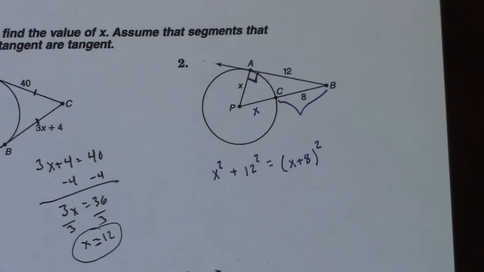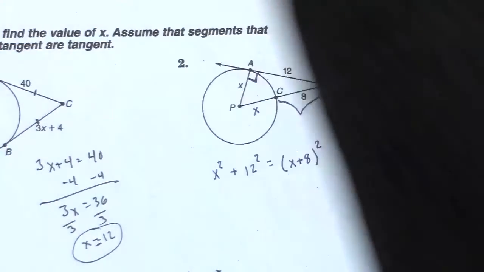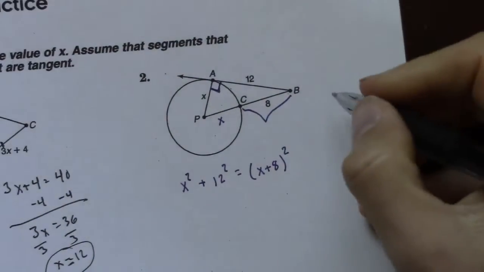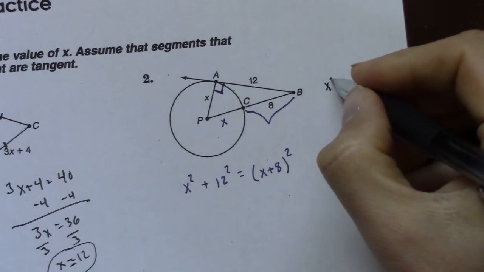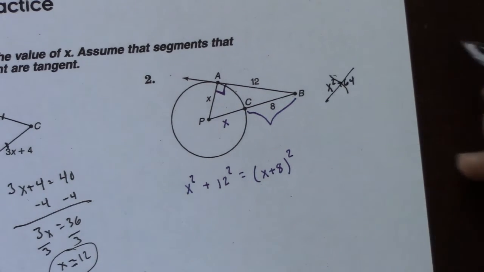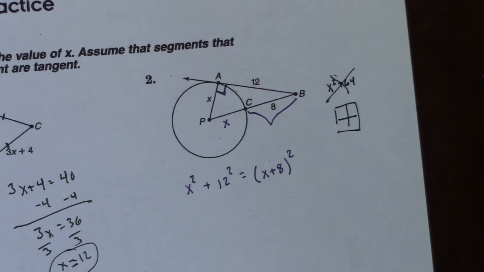Working this on down, you need to be careful because I guarantee you someone is going to see that problem and say, hey, it's x squared plus 64. And math teachers everywhere cry. Remember, when you are multiplying a binomial, you can't forget about the fact that you have that box right there.